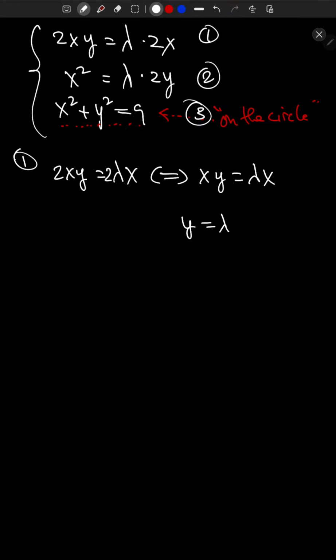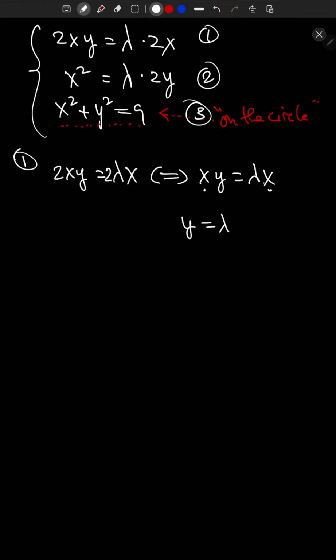But you better not do that, because you're only allowed to cancel the x's if x were non-zero, right? It could be that x was 0. For example, it could be x is 0, y is equal to 10, and lambda is equal to 7, right? Then definitely y is not equal to lambda, right? So you can't just willy-nilly cancel things, right?